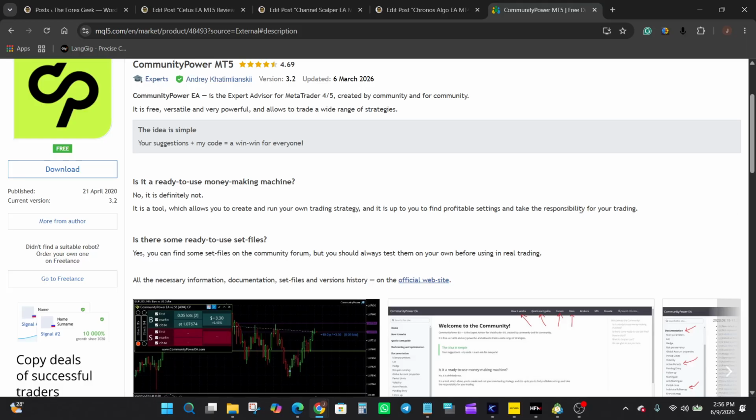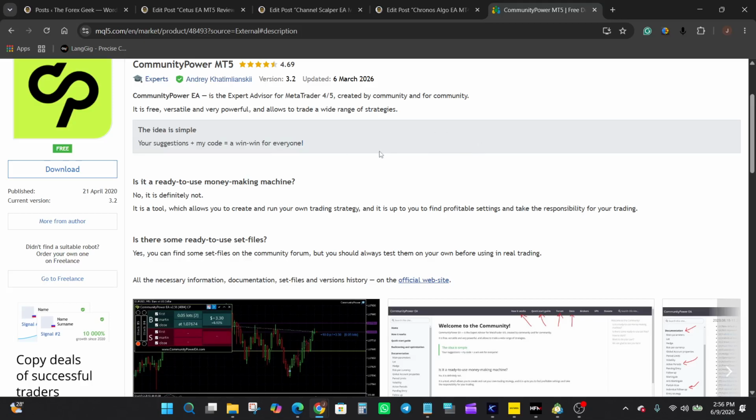So essentially, the concept here is your suggestions plus the developer's code, right? You can see there the idea, meaning the EA is designed to be flexible and adaptable rather than locked into a single strategy.